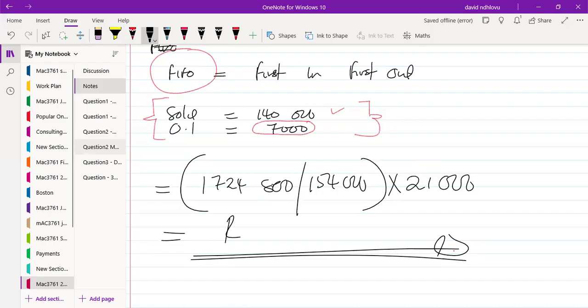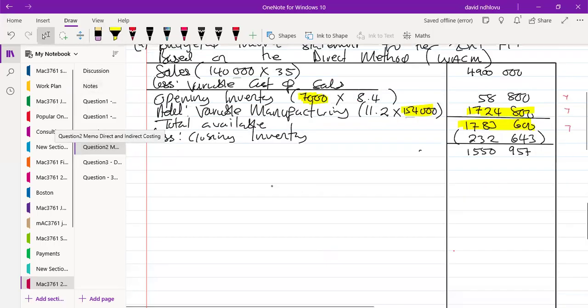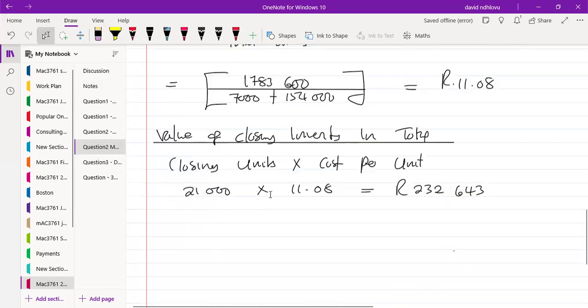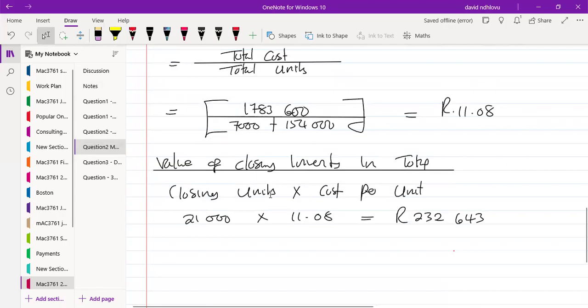But based on the method that is required in the question, we are not going to ignore opening inventory in our calculation. The reason being, we are assuming that some of the opening inventory units could still be there at the end of the period in our closing inventory.